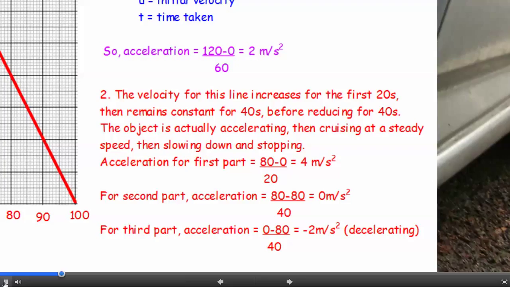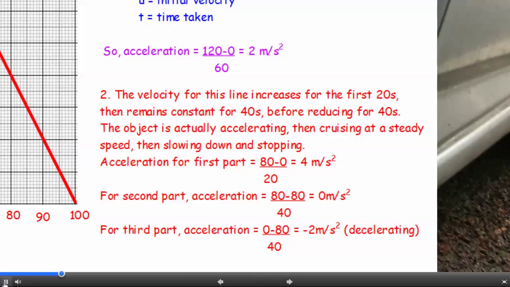So the acceleration for the first part, final minus initial velocity, 80 minus 0, divided by 20 seconds, gives us an acceleration of 4 meters per second squared. For the second part, the final velocity and the initial velocity are both 80. So it's 80 minus 80, which is 0. So that's 0 meters per second squared.